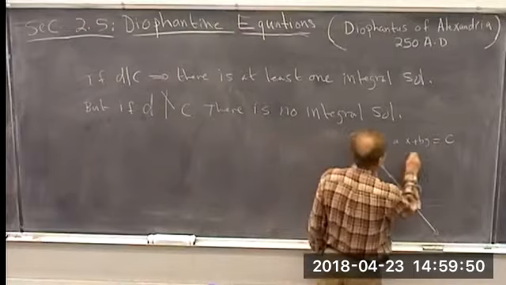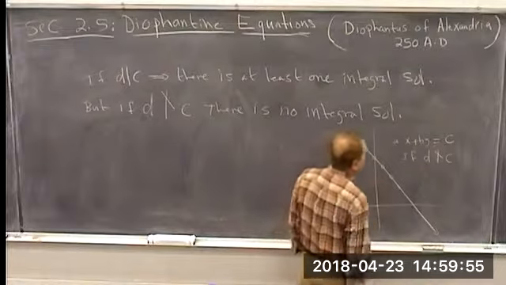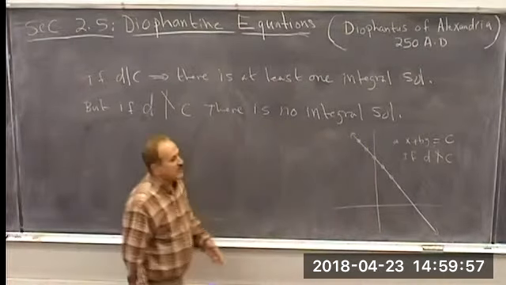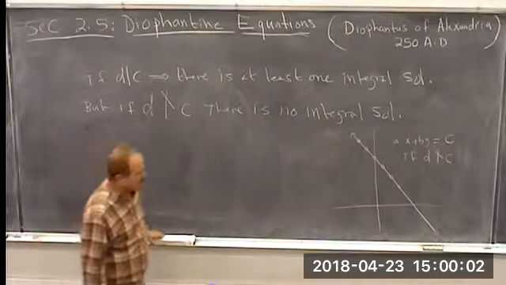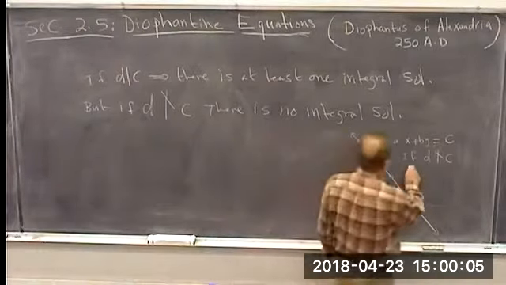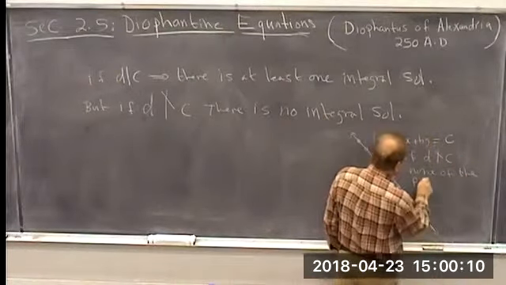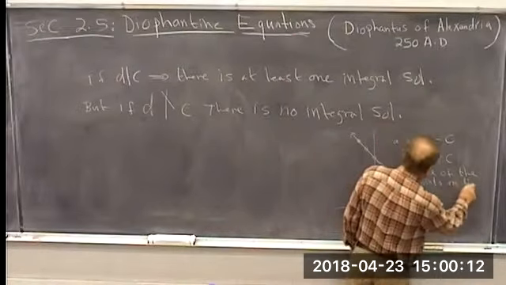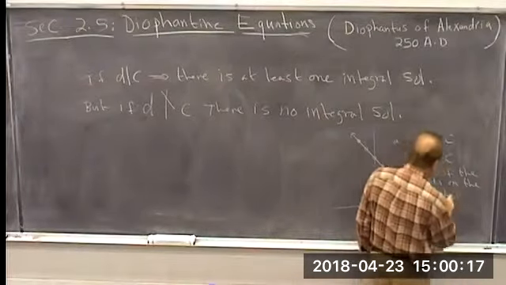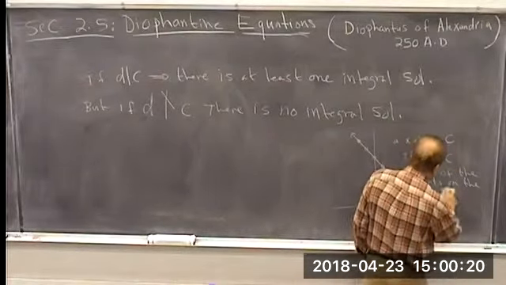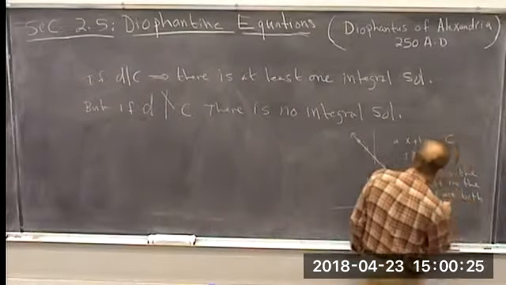Okay? So if D does not divide C, none of the points in here are such points where the x and the y are integers, because these are lattice points. So none of the points on the line are both integers.